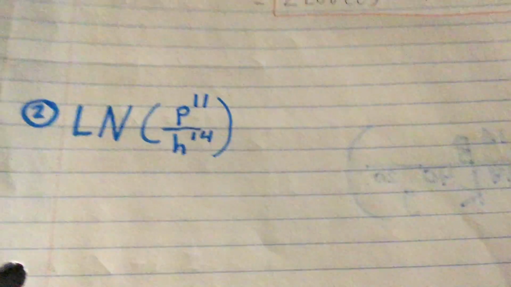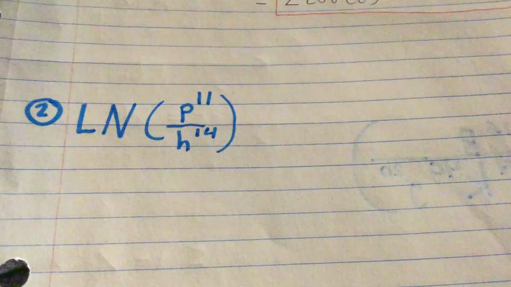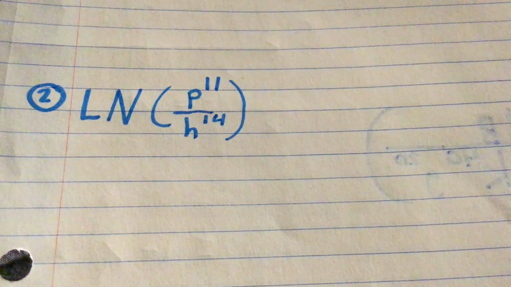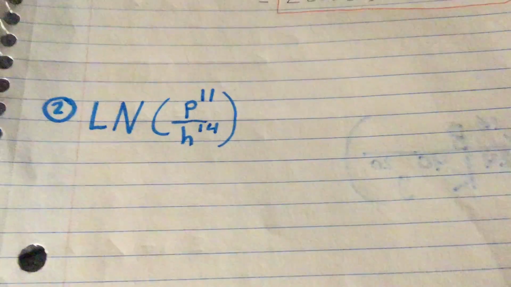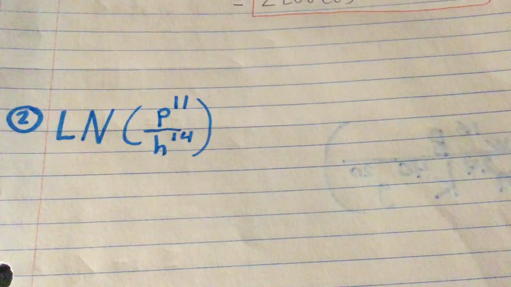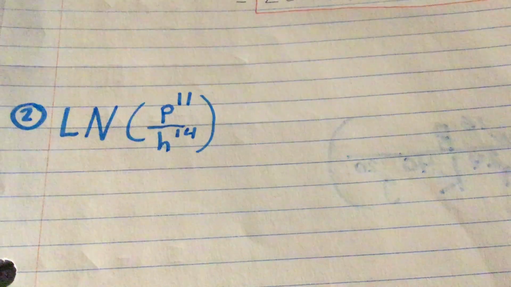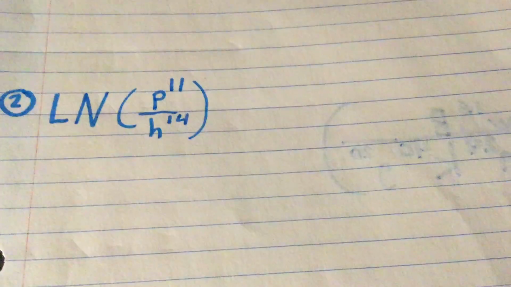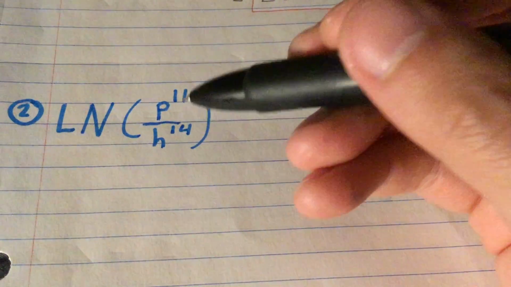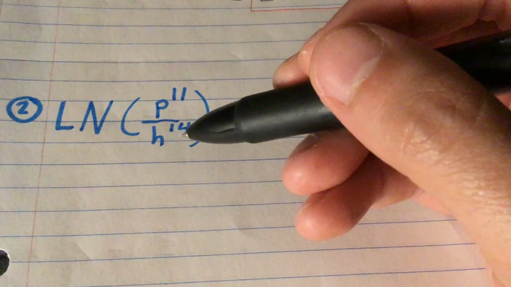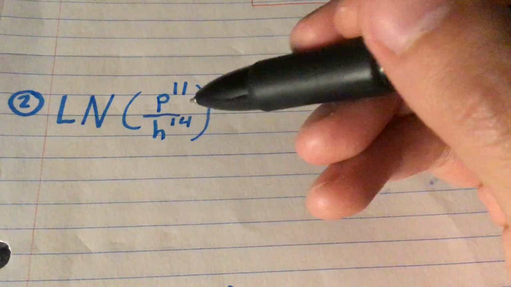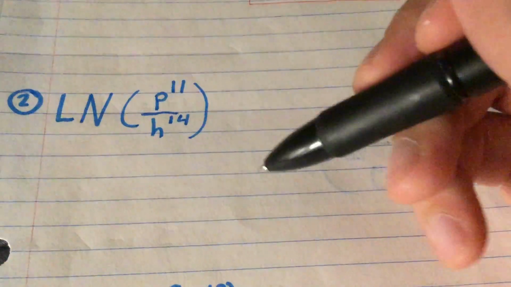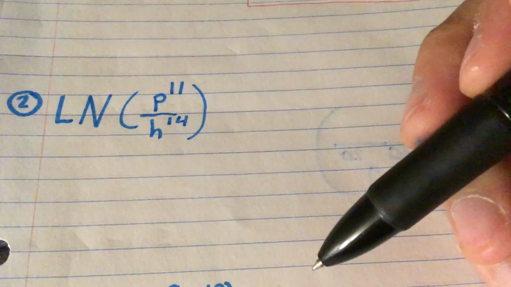Okay, number 2. The natural log of p to the 11th over h to the 14th. Sorry about the sloppy writing, I'm using a marker to make it vibrant and noticeable. So what's the big picture of this problem? Well, I've got a numerator over a denominator. So if I've got a fraction or a quotient inside of my logarithm, I can expand it with numerator minus denominator.